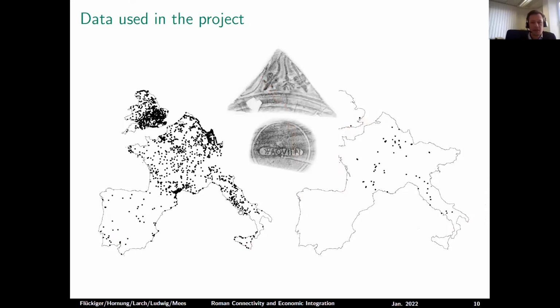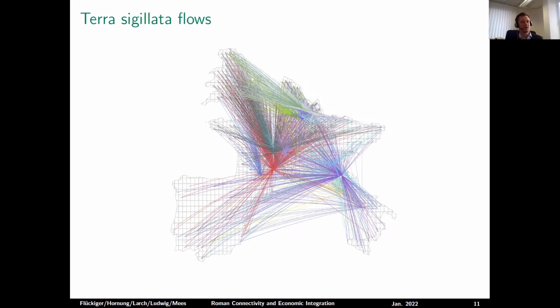And that makes it very special, and allows us to think about the ways in which these goods traveled. And this is showing us origin and destination. So this would be the flows of Terra Sigillata, connecting with specific colors the origin, the production site, with their eventual destination, where archaeologists dug up these potsherds.